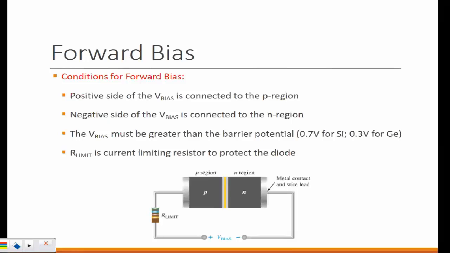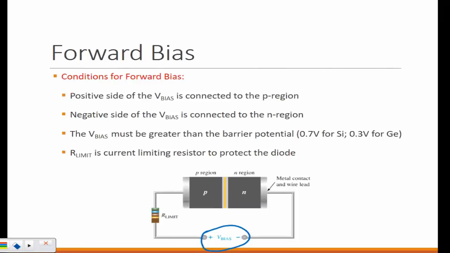So let's take a look at forward bias and how we can make a diode forward biased. Observe the PN junction at the bottom. This is the bias voltage. Bias voltage is nothing but the supply voltage. They say bias because that's the voltage needed by the junction. Remember that biasing is the term we use for the DC voltage, correct?